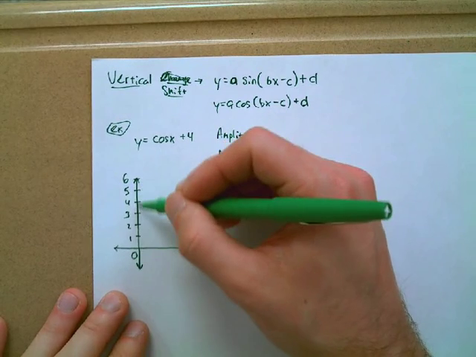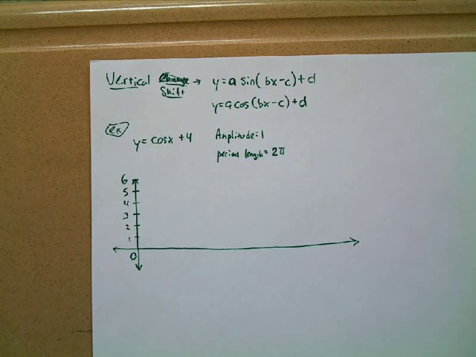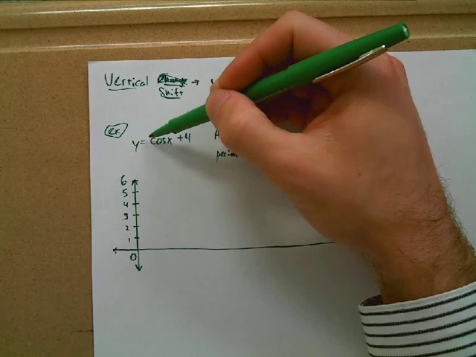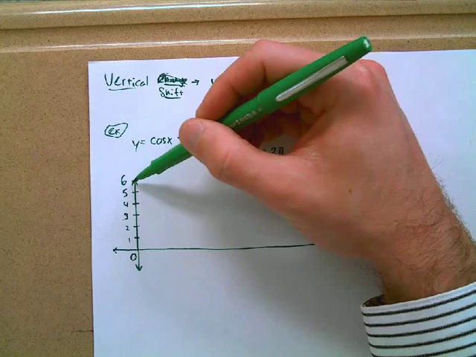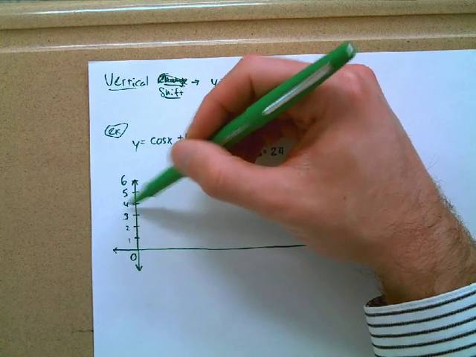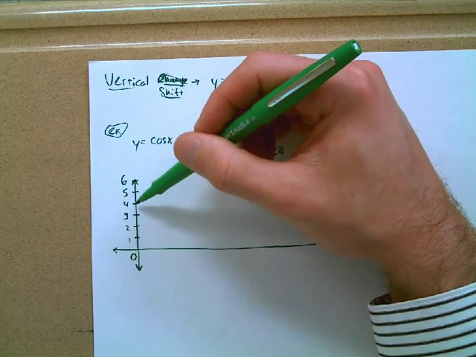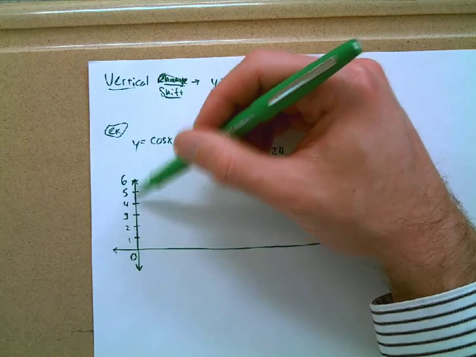If my amplitude was 3, again shifting up 4, I'd be going up to 7 and down to 1. If my amplitude was 10, I'd be going all the way up to 14 and all the way down to -6. So these are things you want to keep in mind when you're setting up your graph. That amplitude is also going to affect what needs to be on your y-axis. Okay, so we're good, though, because it's just shifting up 4 and our amplitude is just 1.